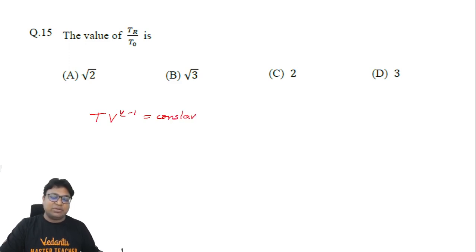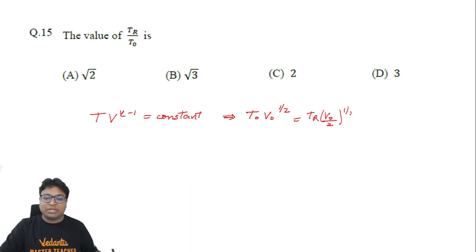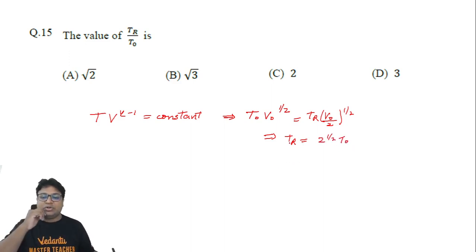So what we are claiming here is that T naught into V naught raised to power gamma minus 1, that is half, is equal to TR into V naught by 2 raised to power gamma minus 1. Now this means that TR will be equal to 2 raised to power half into T naught. So the ratio of TR by T naught will be equal to root 2.